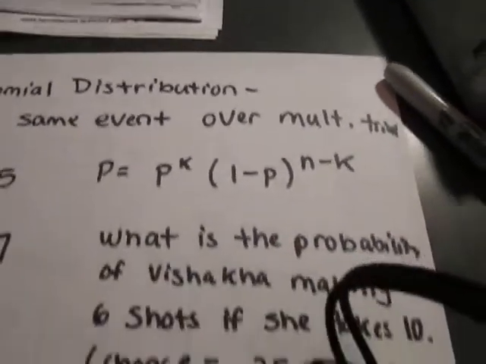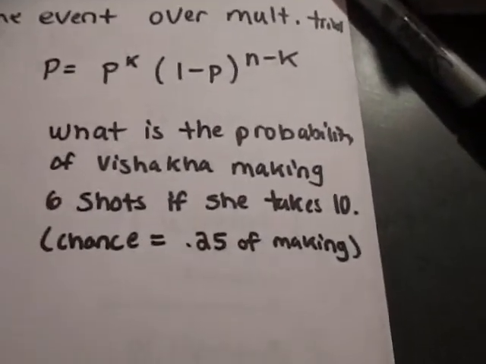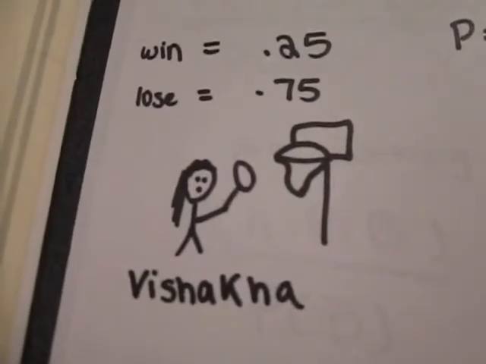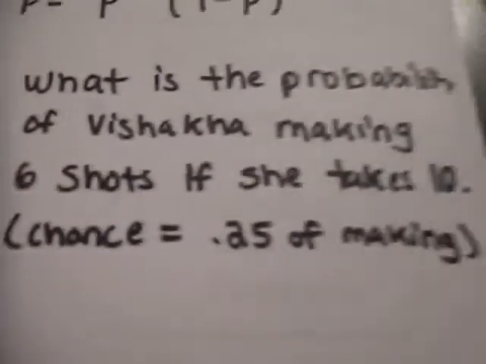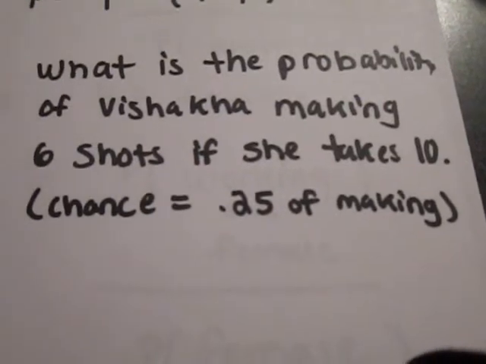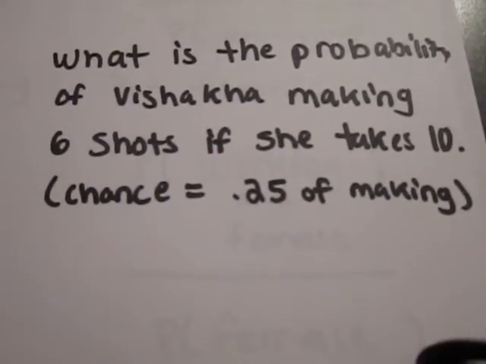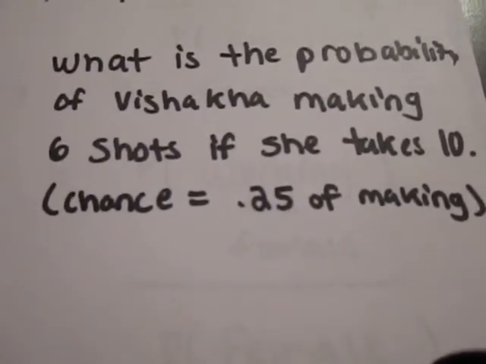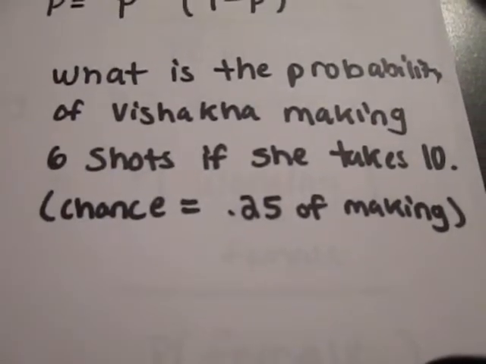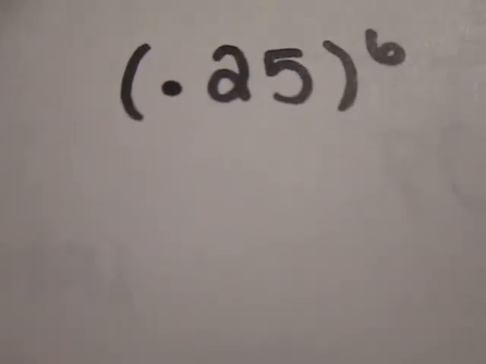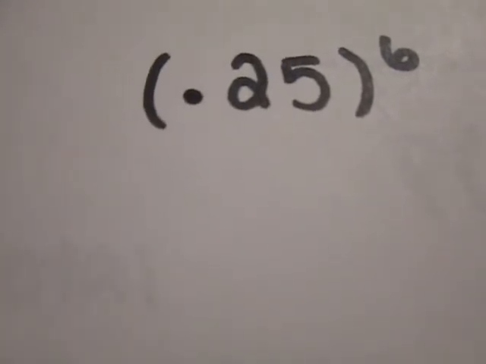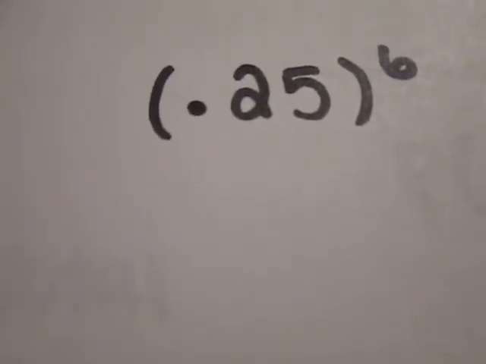So let's say you're given this problem. Let's say Vishakha is playing basketball. What is the probability of Vishakha making 6 out of 10 shots if she has a 0.25 chance of making a shot? You might assume that the probability would be 0.25 to the 6th power because she makes 6 shots.